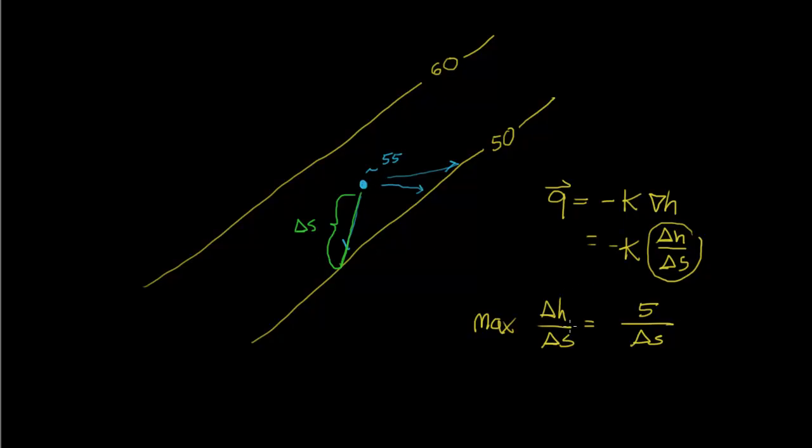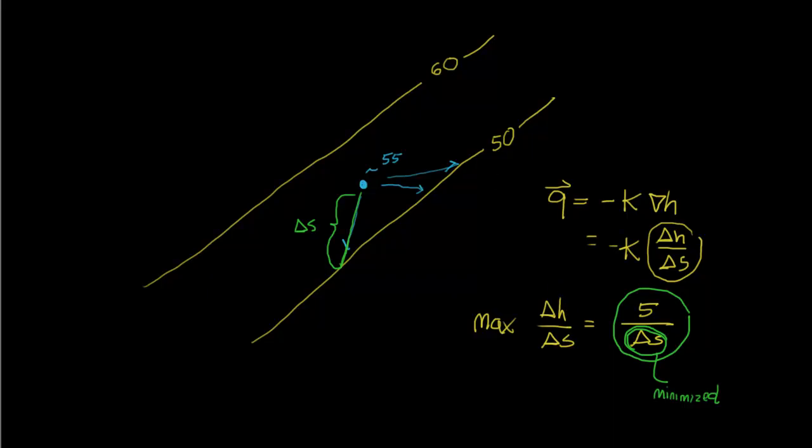And I think you know what the answer should be. If we want to maximize this number, it's going to be maximized when the denominator delta S is minimized, right? So when this thing is as small as possible, then the fraction will be as large as possible. The slope will be as large as possible.